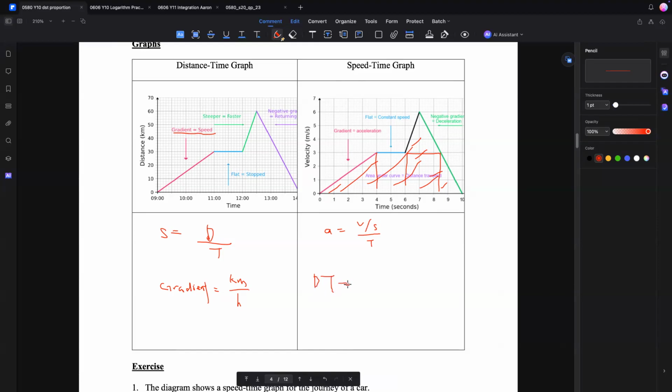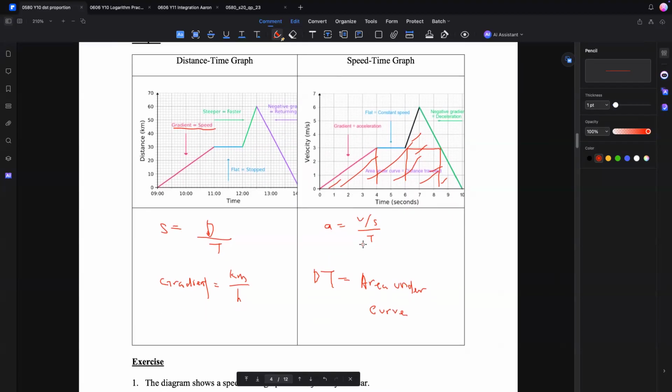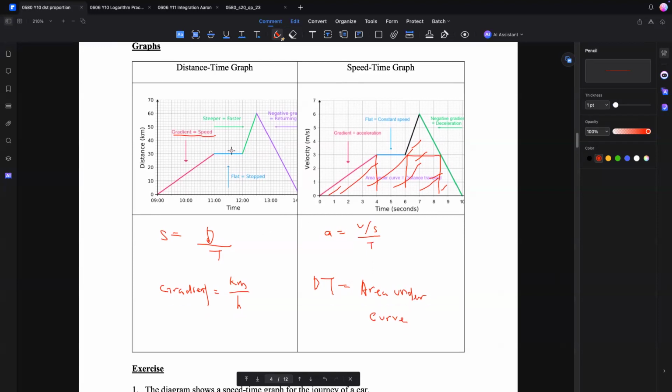So distance traveled equals area under curve. So that is what you need to know about this.